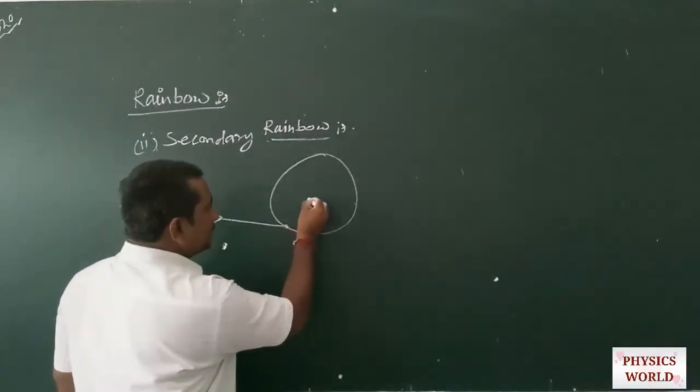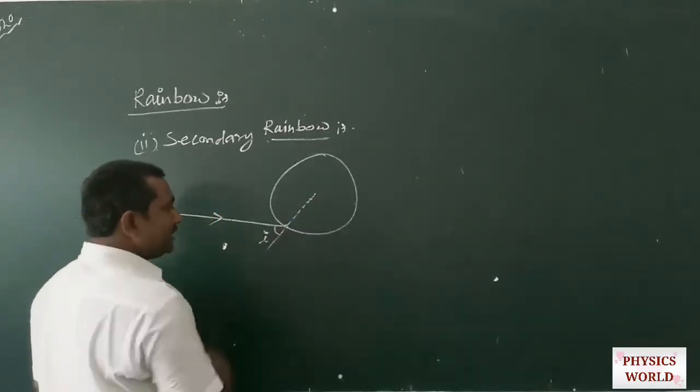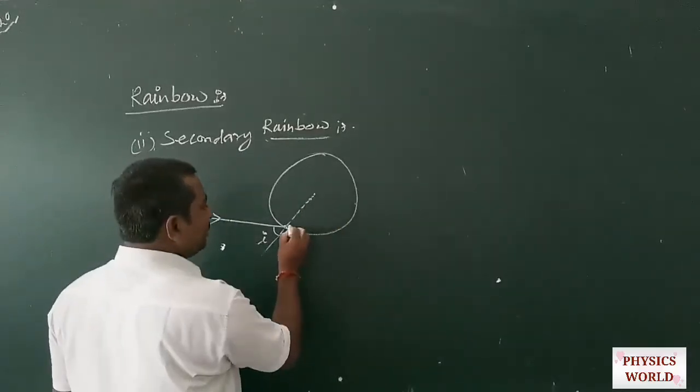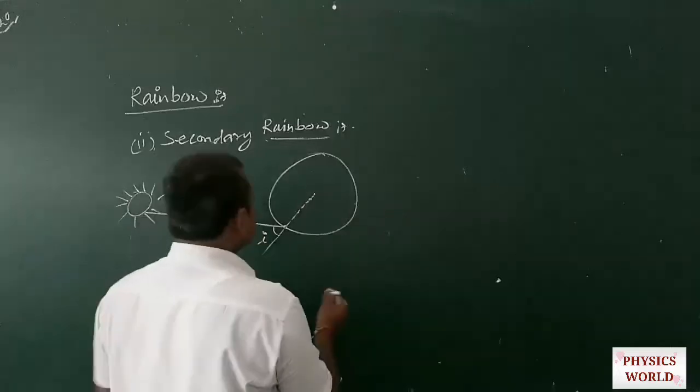Then at this point, if we take the angle of incidence, it must be refracted into the denser medium, so it must also be dispersed while going into the denser medium.